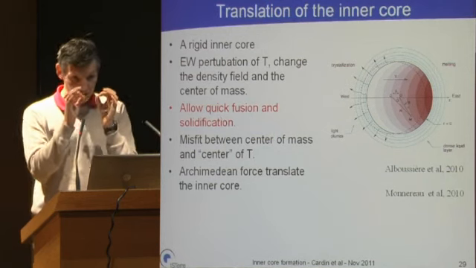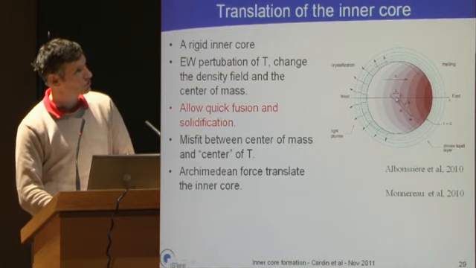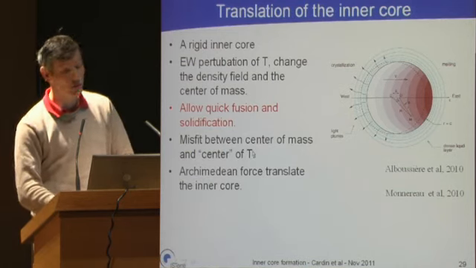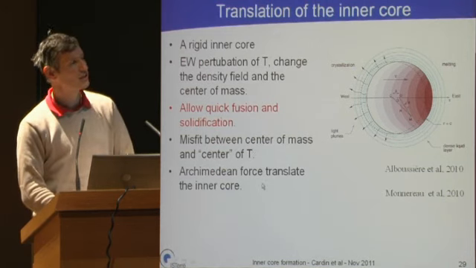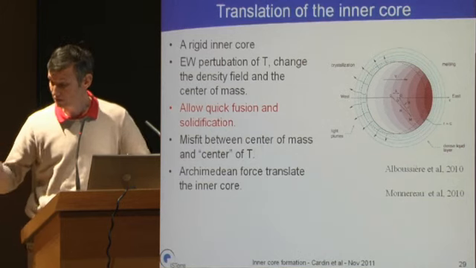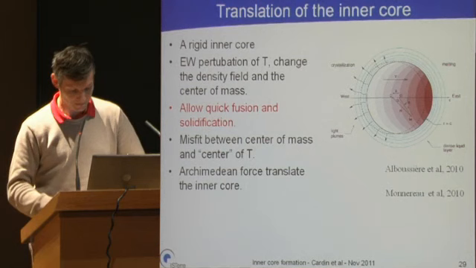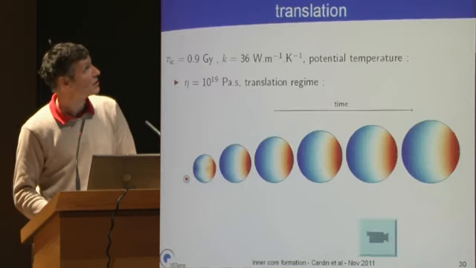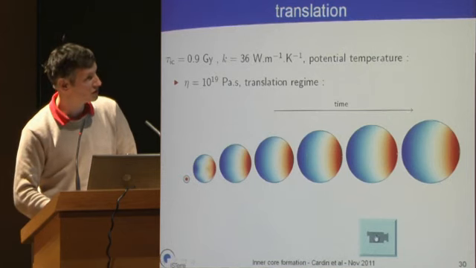Because you have made a perturbation, these two centers produce an Archimedean force, like in thermal convection, and this force is used to translate the inner core. If you don't allow solidification and fusion, this will stop. So we can model that for a very large viscosity, third movie.